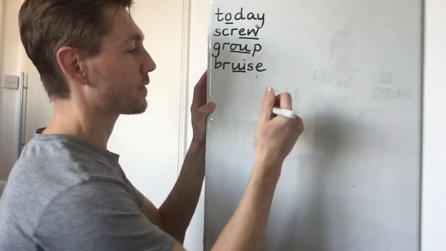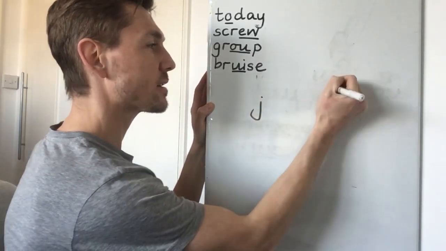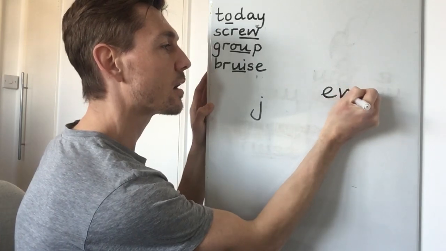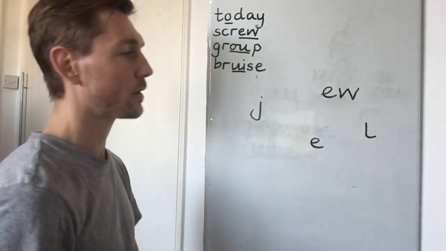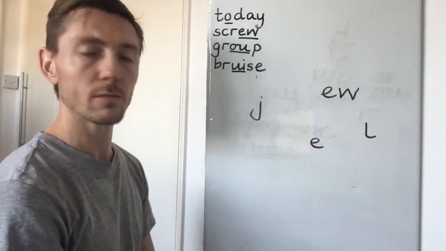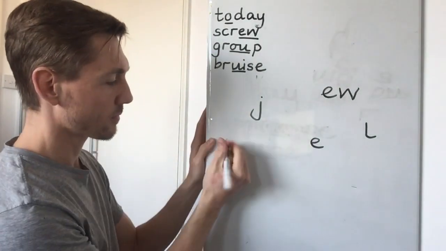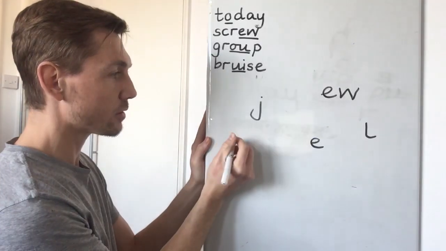Then we've got all of the sounds here next that we need to build the word jewel. Jewel.